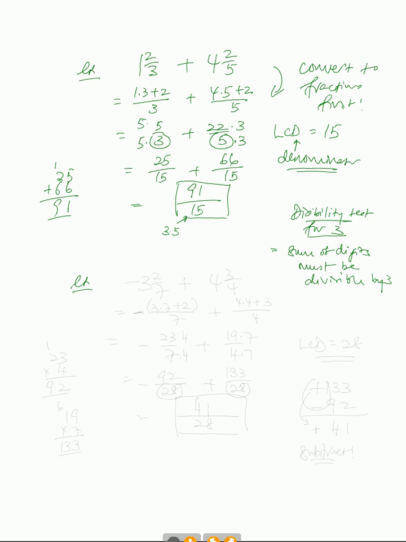Alright, let's try subtraction. Let's try this: negative 3 and 2 sevenths, and positive, let's say, 4 and 3/4. If it's negative, you should just leave the sign alone.